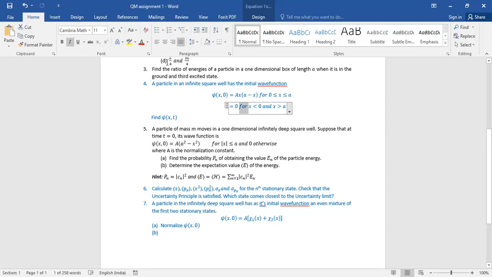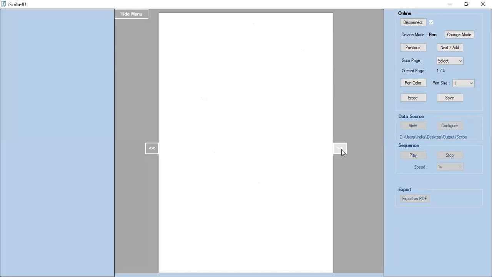Okay, so now let me just stop the share and get back to the iScribe. So what we have over here is again the wave function, psi of x, 0 is equal to A into, what was it?